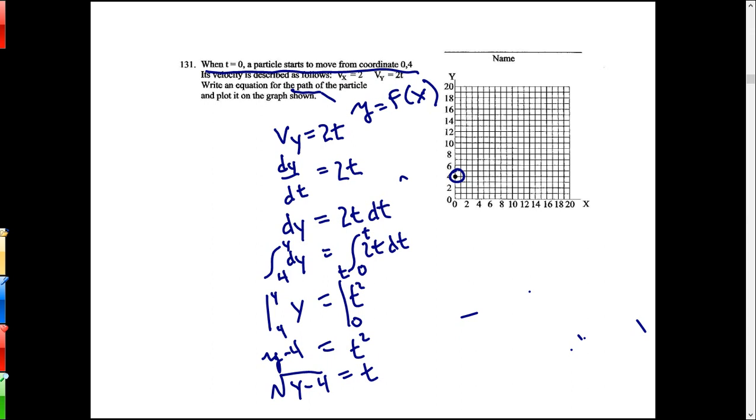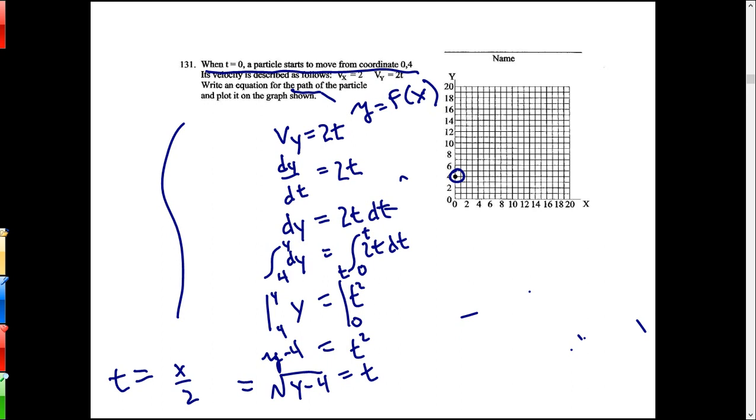We're good with that? Then you do the same thing on the x side and solve for t again, because by solving each side for t, you can equate the sides together. This works out to be x over 2, so that's going to equal the square root of y minus 4.